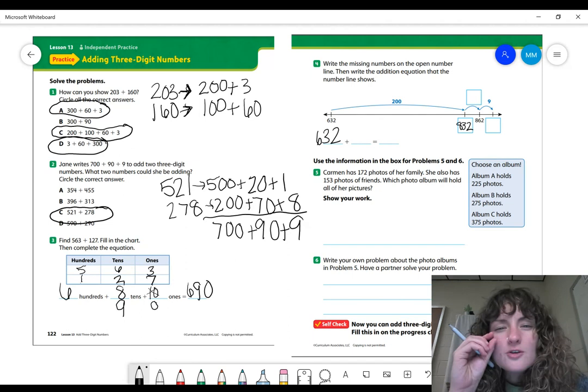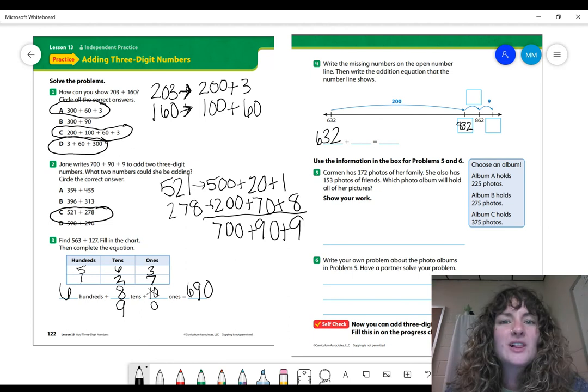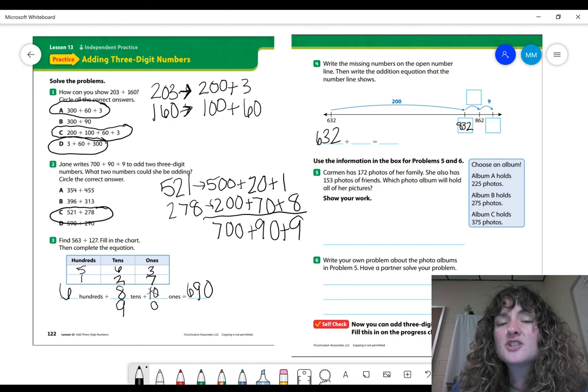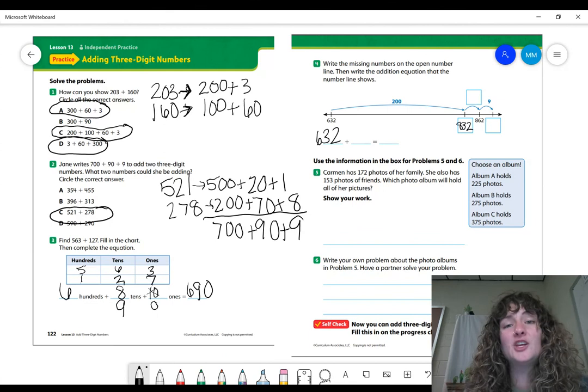Now it looks like we're skipping from 832 to 862. Now you're going to have to look really closely, Smarties, at our place value. So we have 832 and we're skipping to 862. Which place value is changing? In 862, are our hundreds changing? Nope. Are our ones changing? Nope.